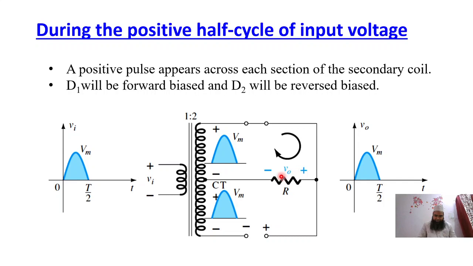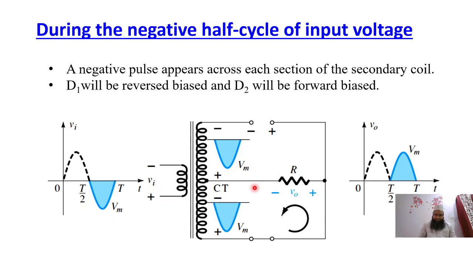This will be positive and this will be negative. A voltage will appear across the resistance. This is the waveform of voltage from 0 to T by 2 during the positive half cycle.